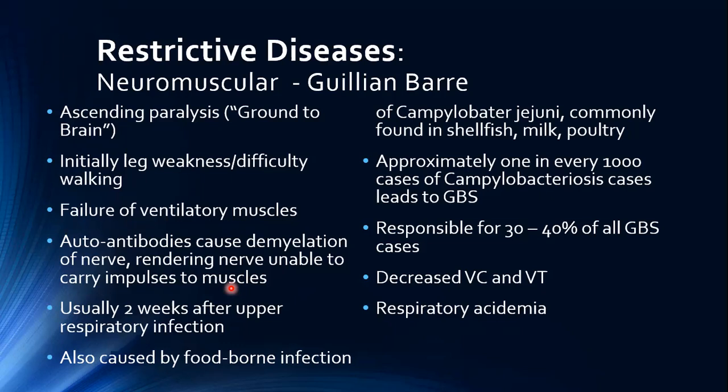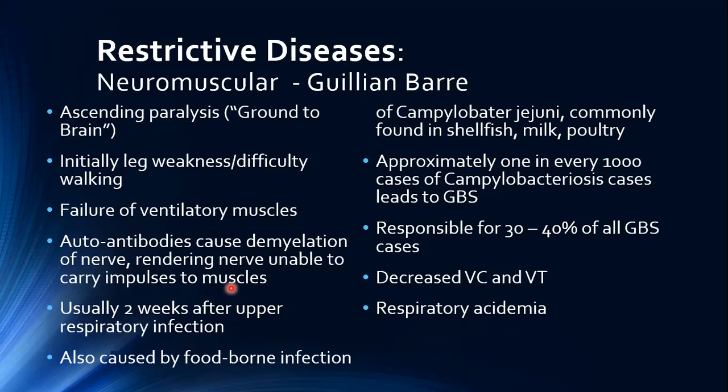Approximately 1 in every 1,000 cases of campylobacteriosis leads to Guillain-Barre syndrome. You don't have to know that. You don't have to know the percentage of the cases. Just know it does, just like any other restriction, have a decreased vital capacity, a decreased tidal volume, and can cause respiratory acidosis because your respiratory muscles are weak and paralyzed, and you can't blow off your CO2.